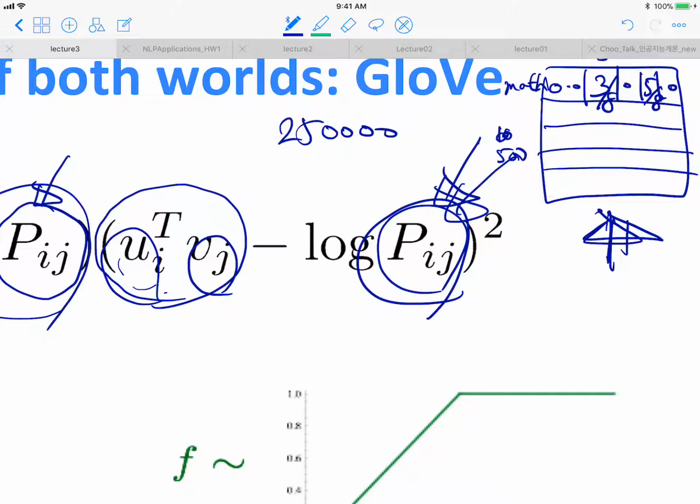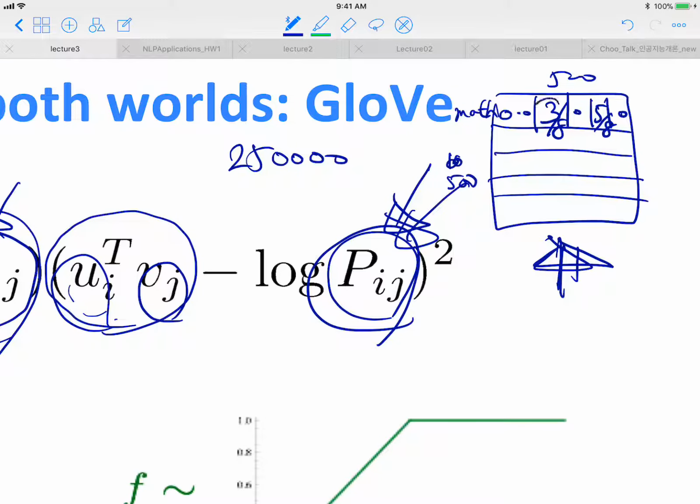So in general, if this probability is high, it means it co-occurred more times than the others, right? So if we imagine window-based, prediction-based gradient descent updating, we slide through them, and more co-occurring patterns go through more updating. That means we will try to fit their relationships much more closely than the rarer co-occurring patterns, right?